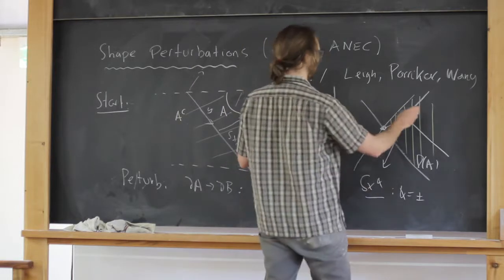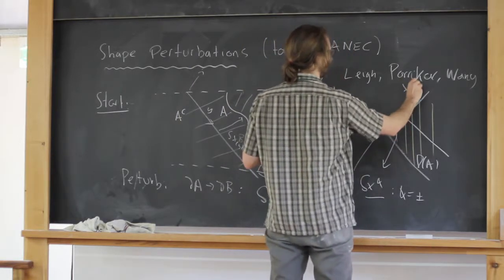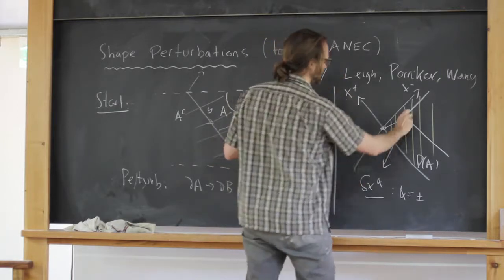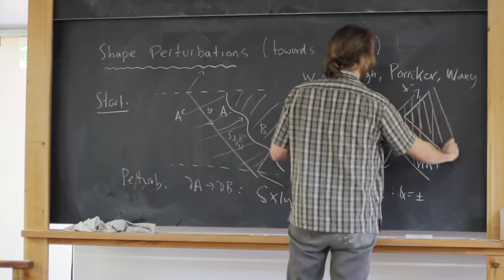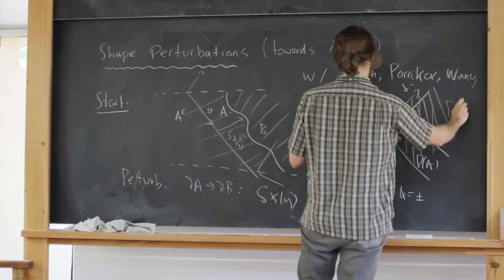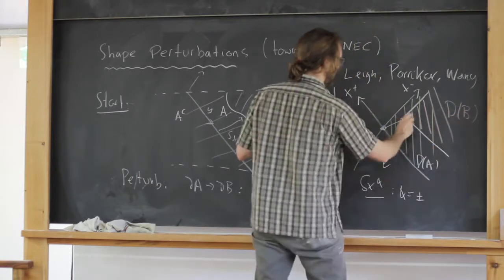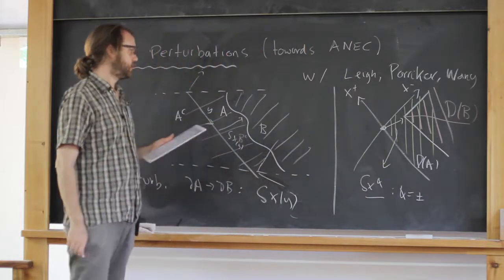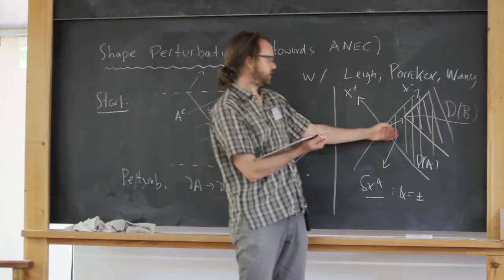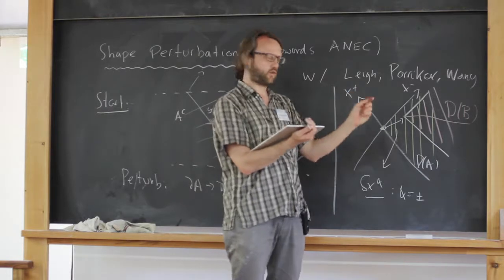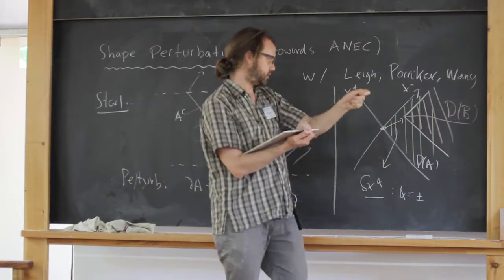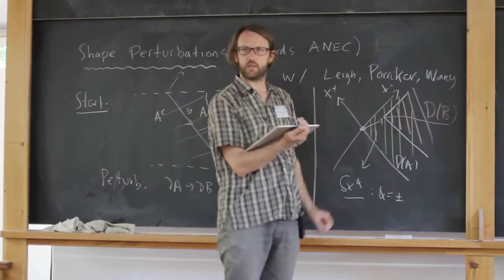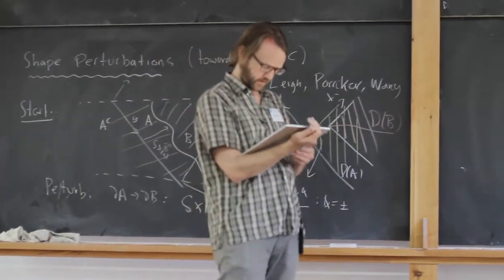So I'll pick null coordinates such that this is x minus and this is x plus. Okay, and so this deformation gives me some D of B, some domain of dependence of this B cut here. But you should always remember that this is a function of y. So as a function of y, it's going to wiggle around, and so there really is no symmetry associated to this region.